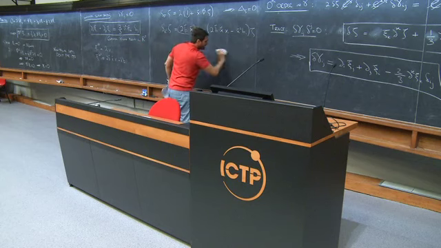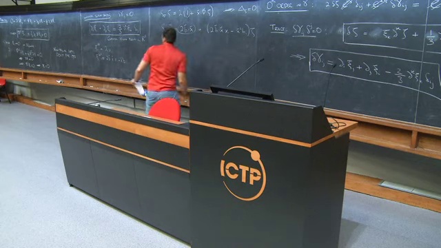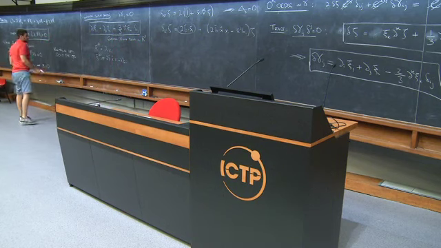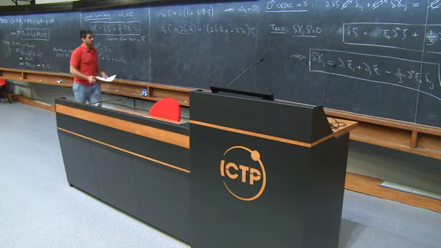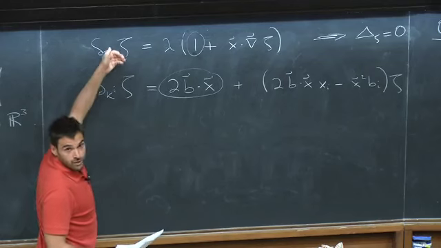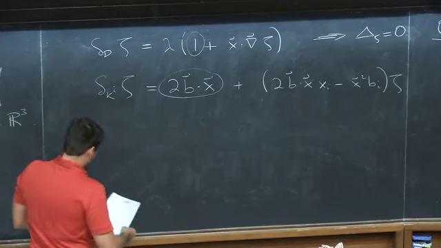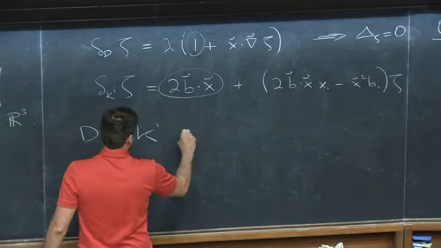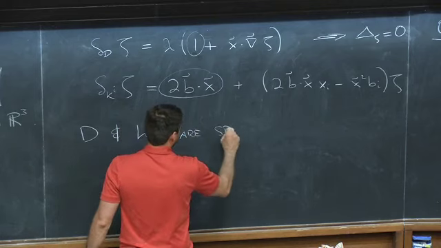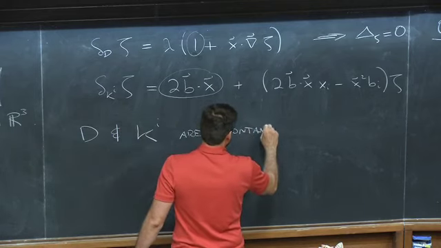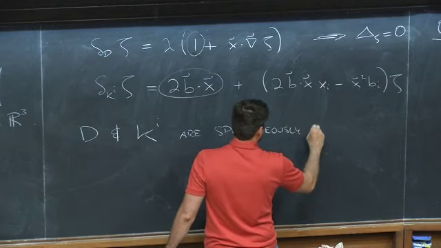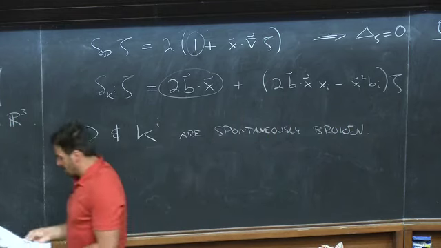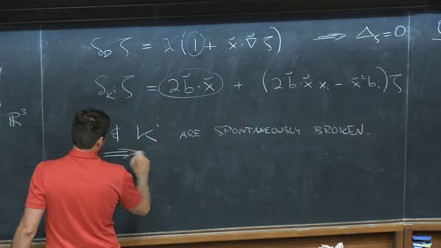So this tells us that dilation and special conformal transformations are spontaneously broken. And in fact, since zeta is the quantity that transforms nonlinearly under those transformations, we identify zeta as the Goldstone boson for that spontaneous breaking. So this is very nice. So D and K are spontaneously broken, and zeta is the Goldstone.